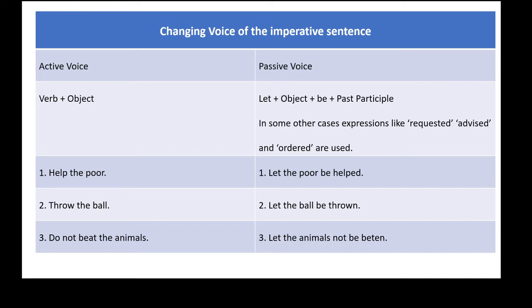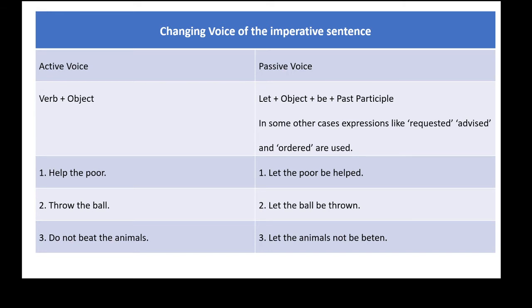So, as we have come across, imperative sentence will have verb plus object structure, and while transforming this verb plus object structure into passive voice, we have to use the structure let plus object plus be plus past participle of the main verb.